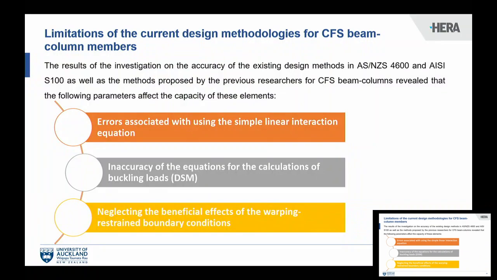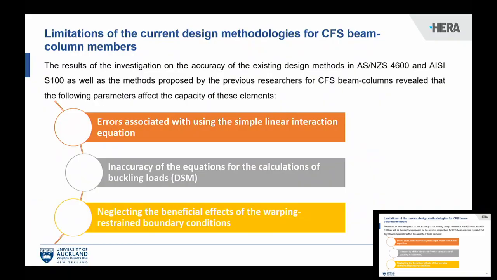At the beginning, what I did was investigate the accuracy of the different methods in the design standards and the literature review to recognize what factors can cause inaccuracy in the design of beam columns. It was recognized that three main reasons can cause some inaccuracies in the design.